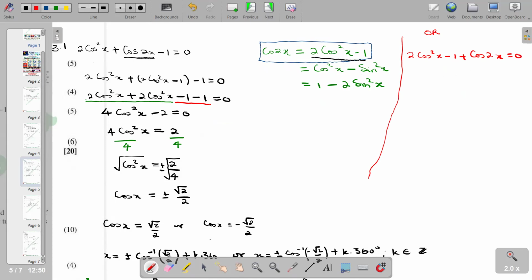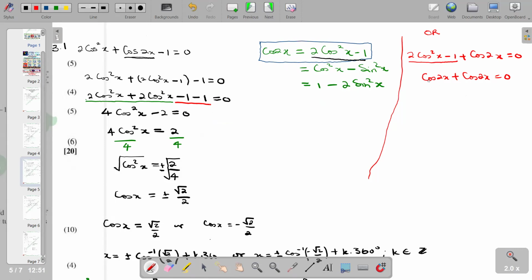Then as you can see, this part, 2 cos squared x minus 1, can be equated to cos. Take note here, it's cos, not co. Can be equated to cos 2x, meaning to say, from here, this part, we are going to put cos 2x, then plus cos 2x equal to 0.